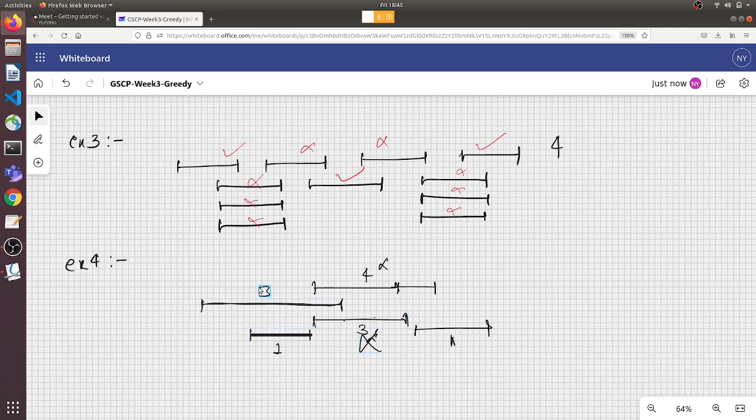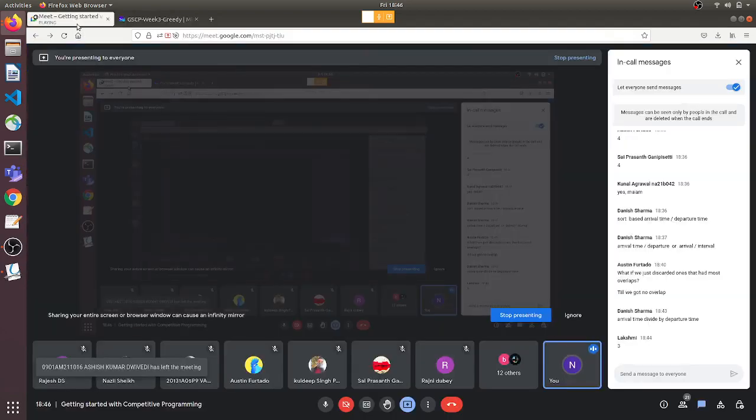Then I again discard this one which has 3 overlaps because this is the maximum. Then I'll be left with only these 2. But the answer is 3 and what we are getting is 2. The answer is 3 if I choose these 3. So I think that also does not work.